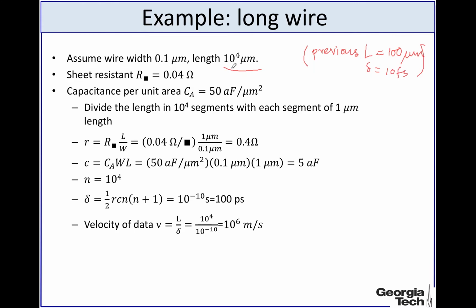Now the length is 10 power 4 microns, 10,000 micron, and the width remains the same, 0.1 micron. Again we are dividing it into 10 power 4 segments, each with a length of 1 micron. So again everything will remain the same. The resistance of each section will be 0.4 ohms and the capacitance of each section will be 5 attofarads.